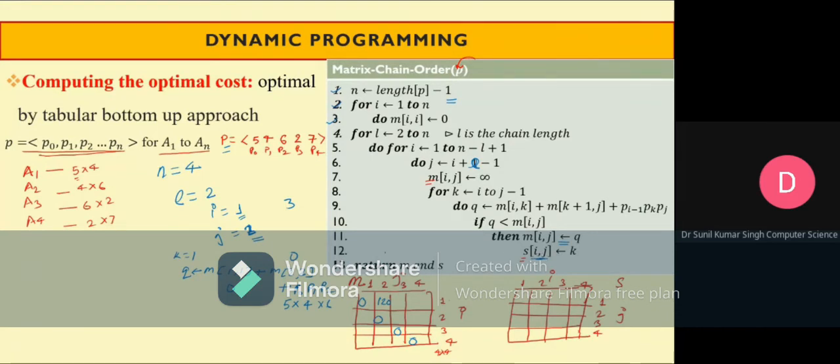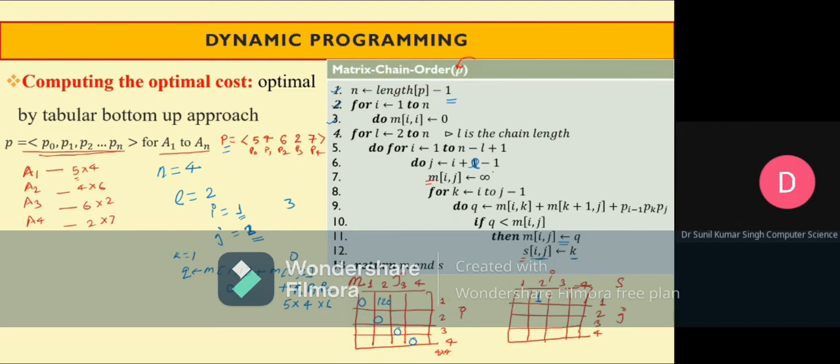I is 1, j is 2. So we are going to put the value of k, and value of k is 1. I is this one and j is this one, so this is going to be this position. So we'll put the value of k here. You can see we have computed 120.